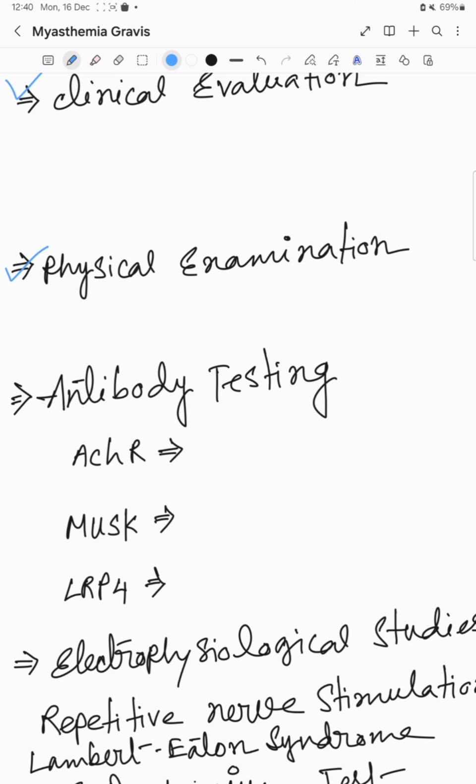And if you ask them for repeated arm movements, very soon they reach fatigability. That is the physical examination performed for diagnosis of myasthenia gravis. Basically it's a fatigability test of the muscles.